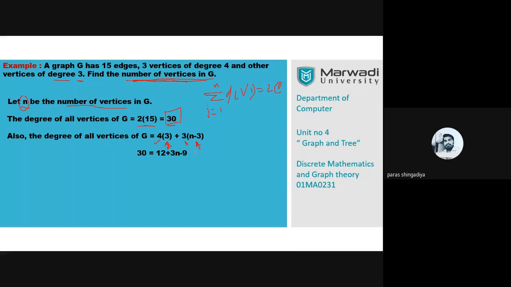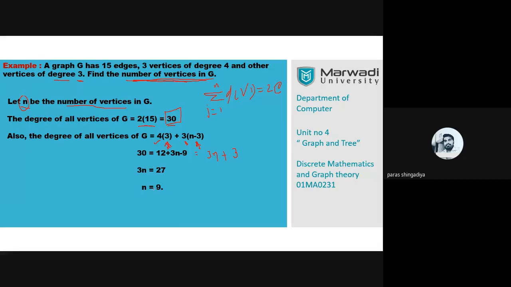Clear? So 12 minus 9 becomes 3, and 3n as it is. Now the 3 will be shifted, so 30 minus 3 becomes 27. So 3n is equal to 27, which means n is equal to 9.